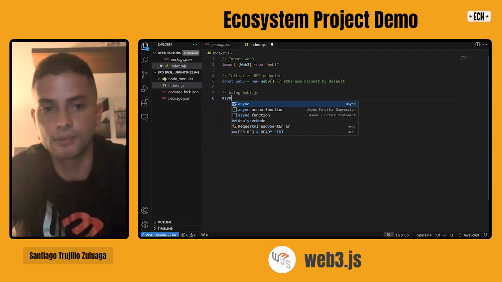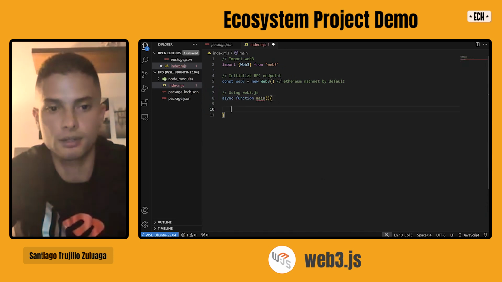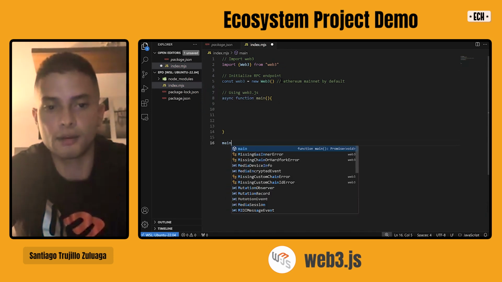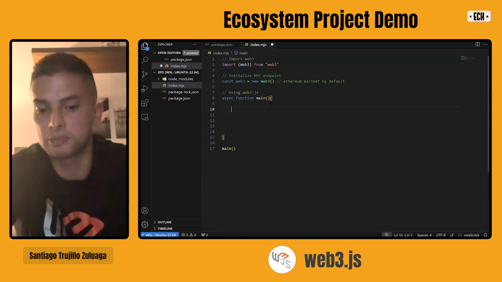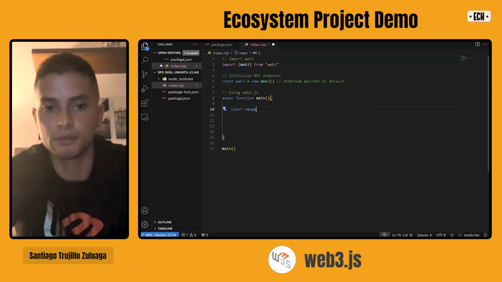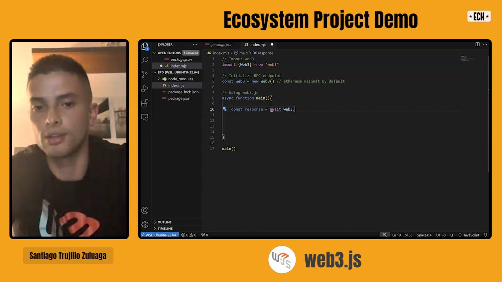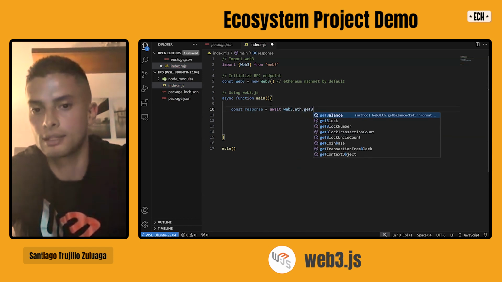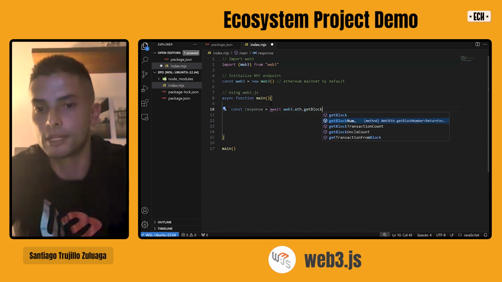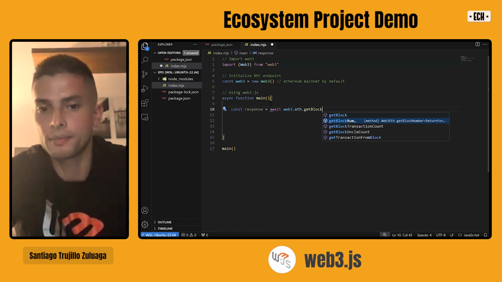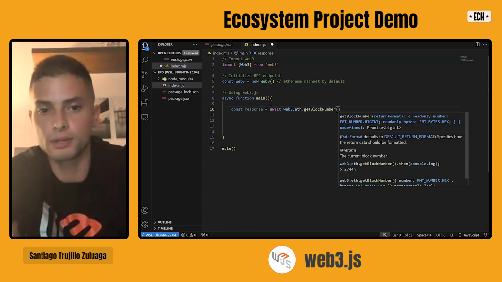So in this case, I'm just going to create an async function, and then we can just retrieve the latest block number. So for example, using web3.eth.getBlockNumber. You can see all the different methods that we have here, but we're just going to use this one.